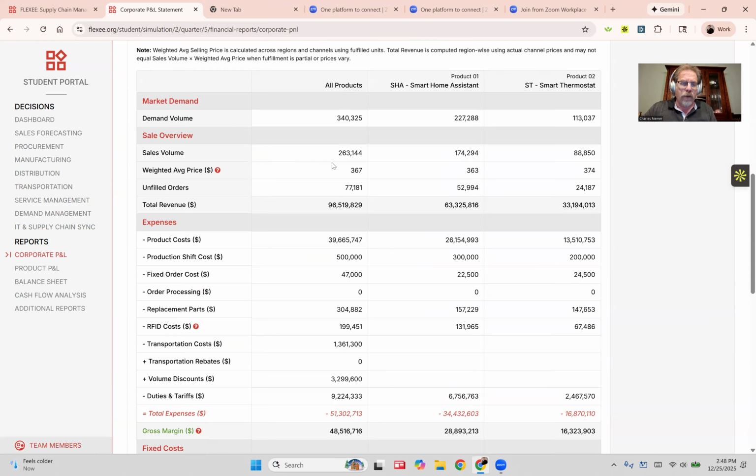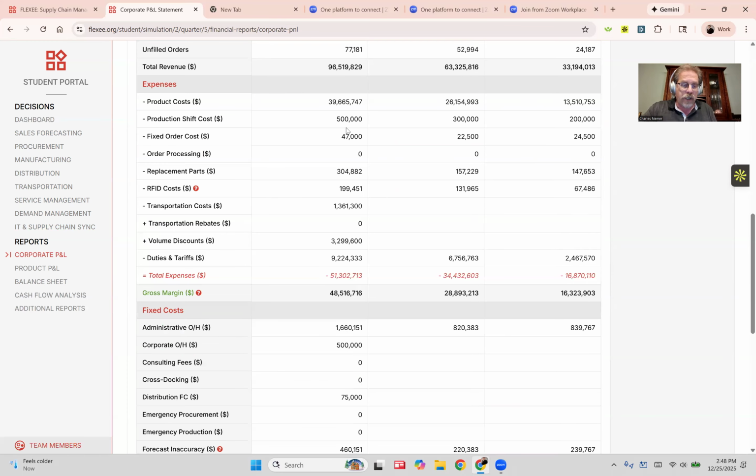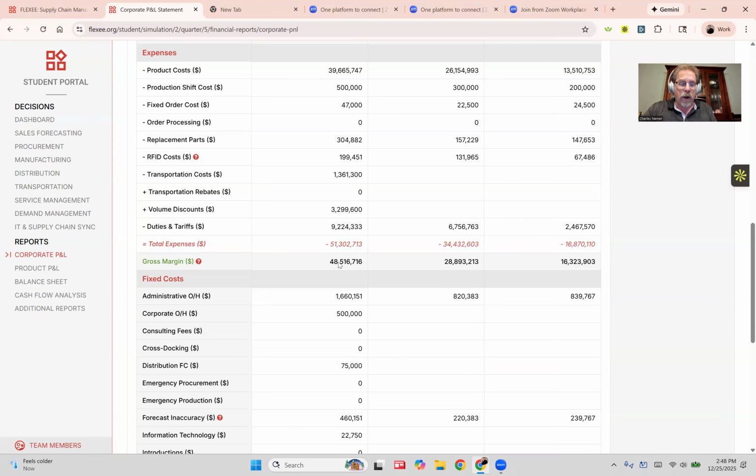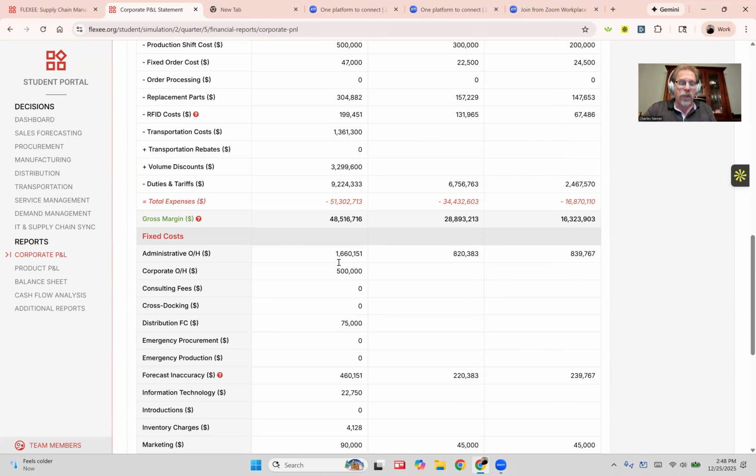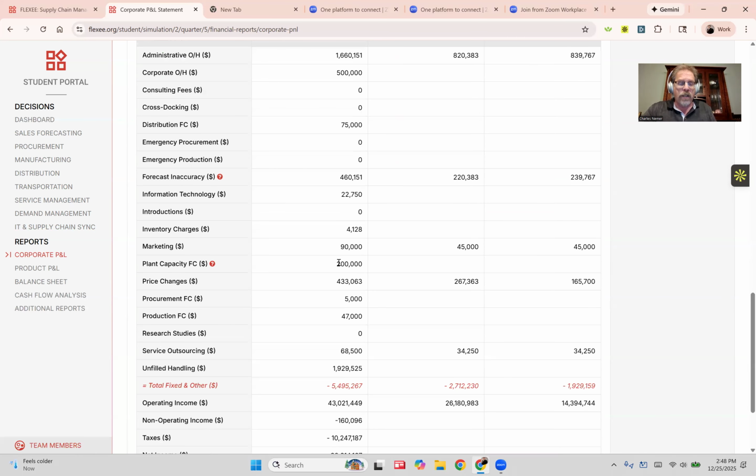So at a corporate level, you can see demand volume. Here's what the sales volume was, the average price across both products, and then the unfilled orders, the orders you missed. Now, those unfilled orders are not part of the revenue. So this is saying you are able to fill 263 of 340,000. You then see expenses, which gives us gross margin, and then additional fixed costs as well to give you net income.